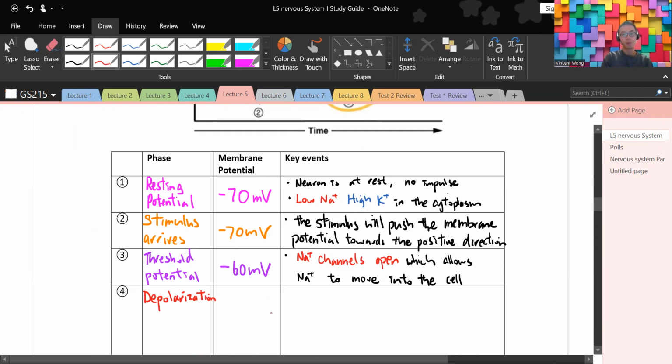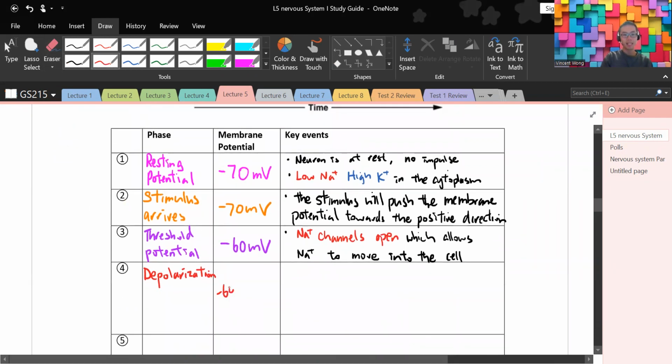Okay, so depolarization occurs from -60 millivolts to positive 30 millivolts. So what's happening here? Well, the opening of the sodium channels will cause a sodium influx, which will reverse the membrane potential.